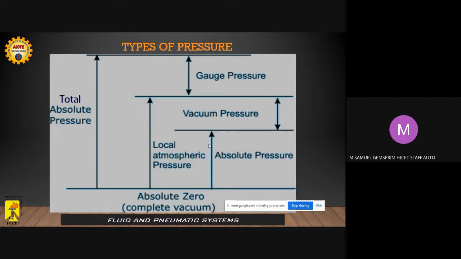We are not supposed to consider it in the case of gauge pressure. This serves as a good example of the difference between gauge pressure and atmospheric pressure. When all these values are considered together, it is known as total absolute pressure.